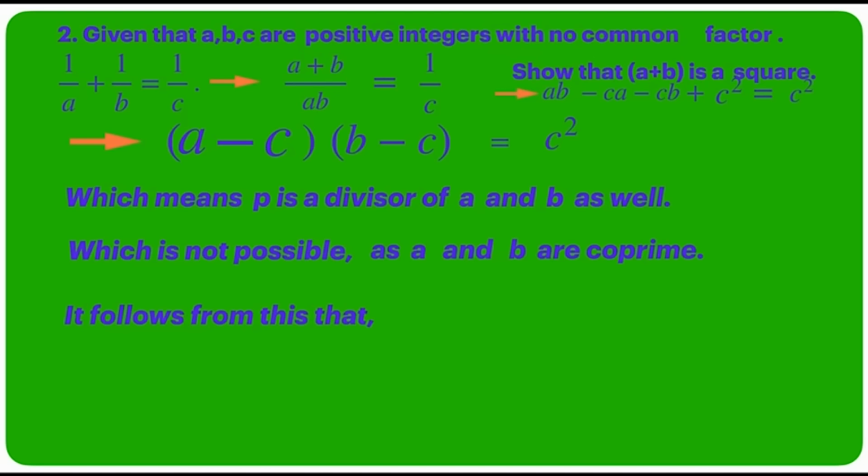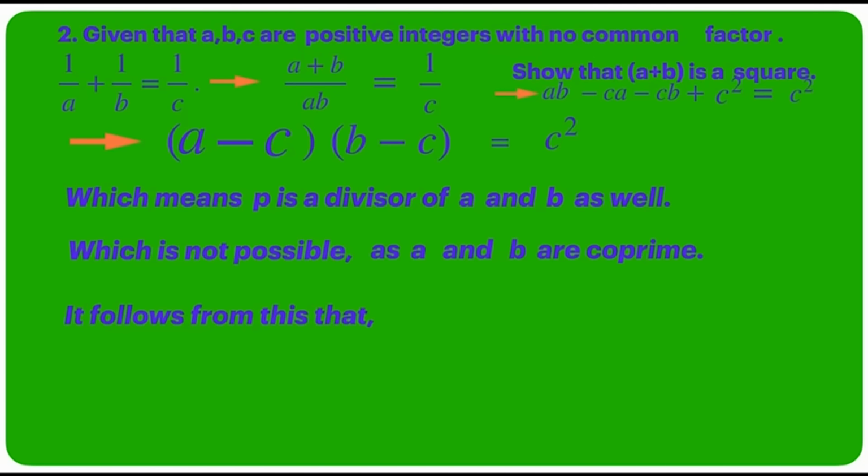And the product of two coprime factors is equal to c². So it is very important, students, that you remember that if the product of two coprime numbers is equal to a square number, then every one of them, that is a - c and b - c, will be a square number.